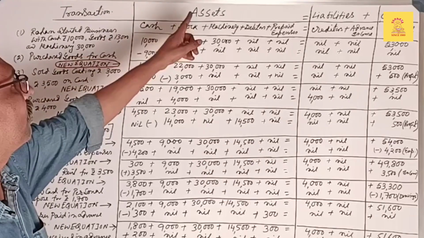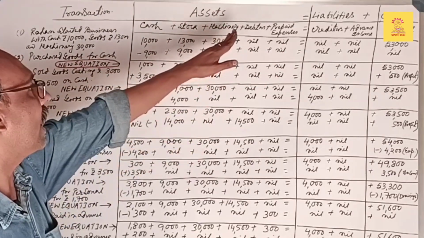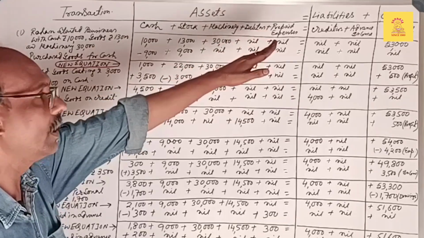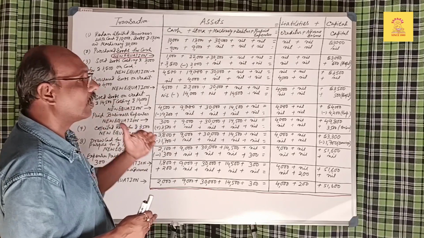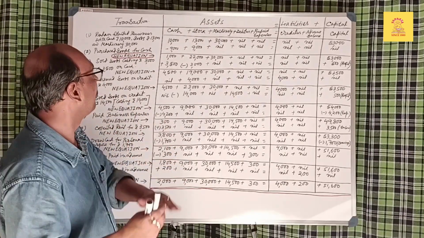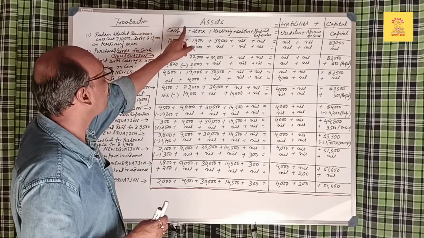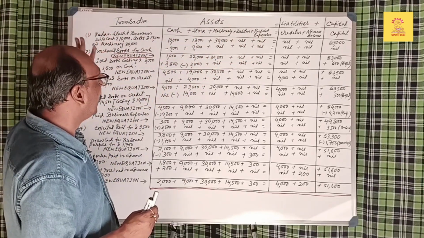So cash, stock, machinery and capital. A few other assets I have already written, but we will go through them whenever we undergo any transaction one after another. So here cash, stock, machinery and capital are involved.